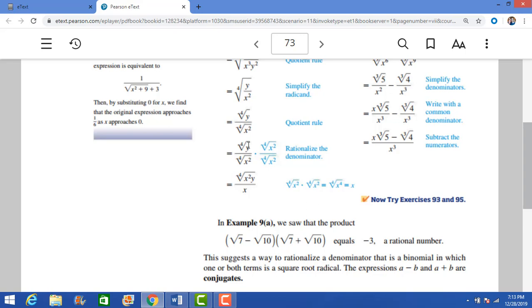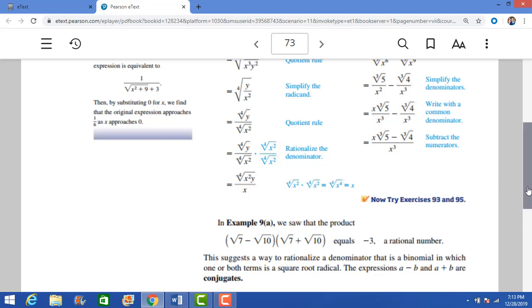Okay, so we're going to rationalize the top and the bottom. So in this case here, we're going to multiply the top and the bottom by this expression here. And so we're going to end up getting x, and then this here, we're going to combine these, and we get the 4th root of x squared times y, and this is the final answer. Okay.